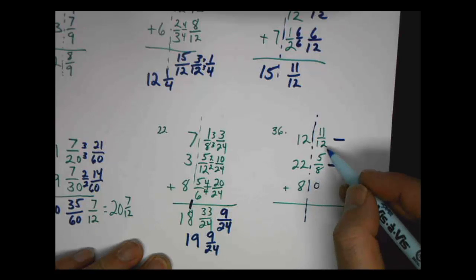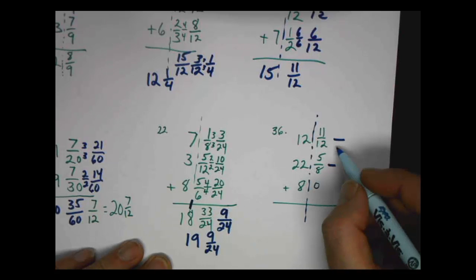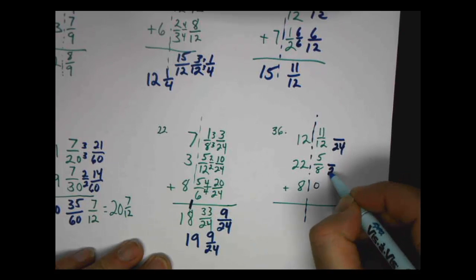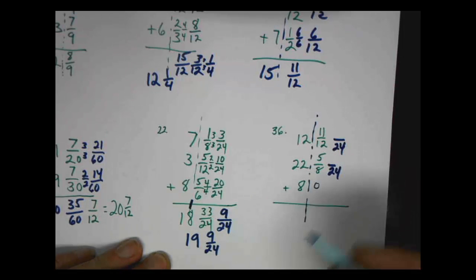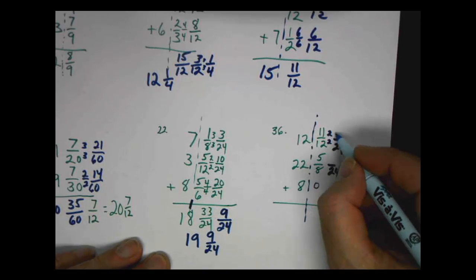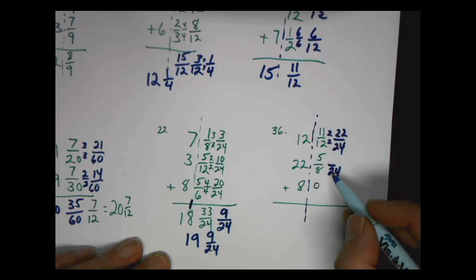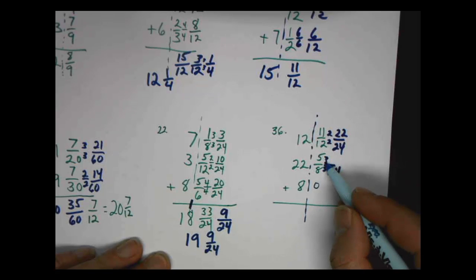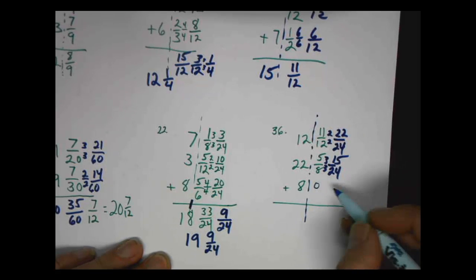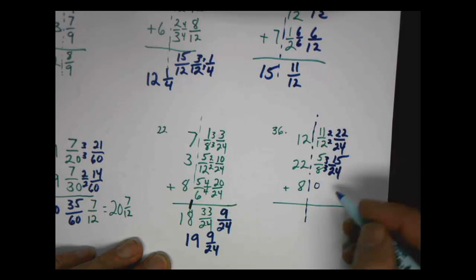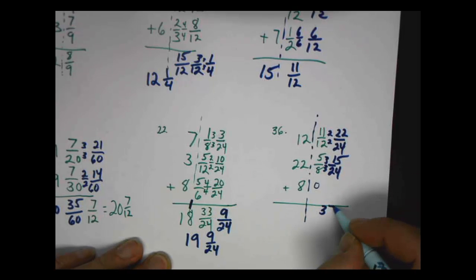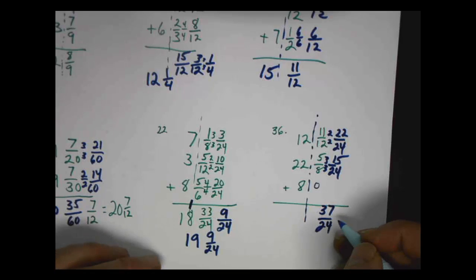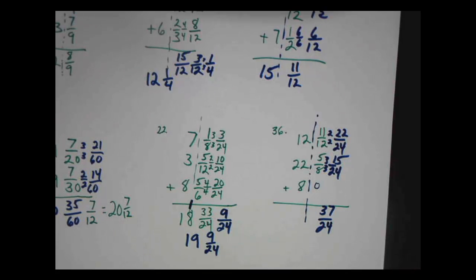Then we need to get common denominators. If I count by 8s, count by 12s, yep, I'm going to get to 24. So multiply this by 2 over 2 gives me 22. Multiply this by 3 over 3 gives me 15. There's nothing there, so I'm just adding these two, which gives me 37 24ths. Okay, I'm going to regroup first this time.